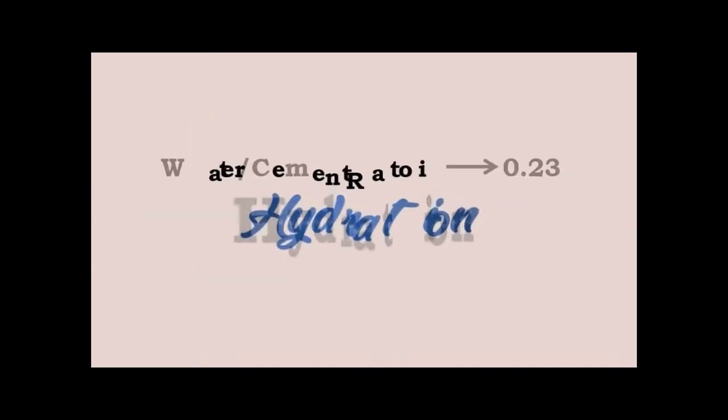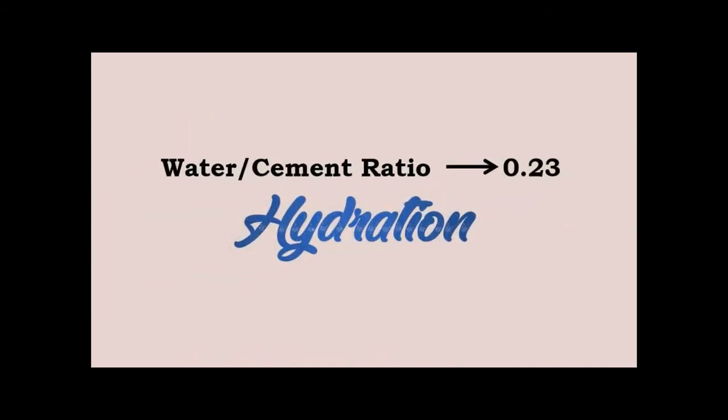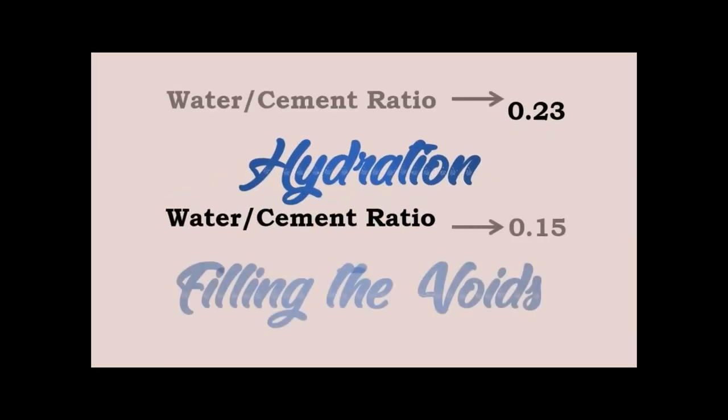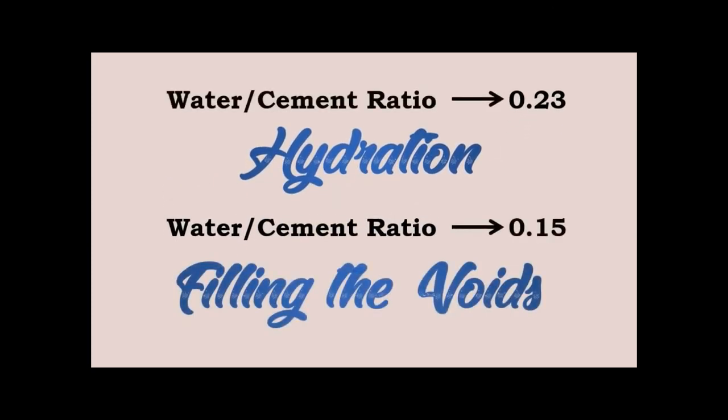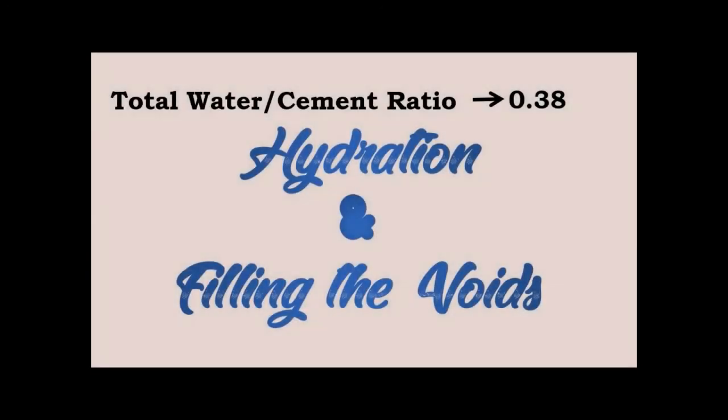The cement requires a water-cement ratio of about 0.23 for hydration and a water-cement ratio of 0.15 for filling the voids in the gel pores. In total, a water-cement ratio of 0.38 is required for hydration and filling the voids in the gel pores.